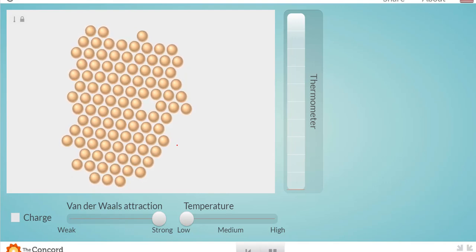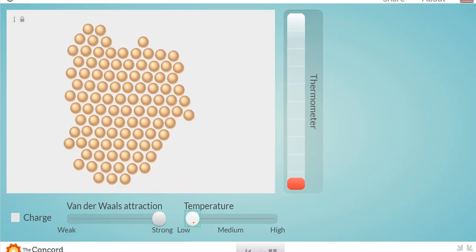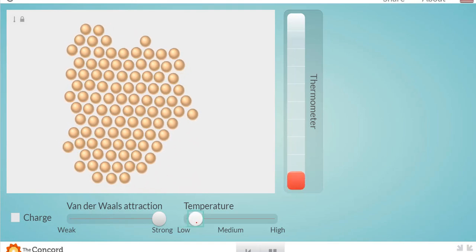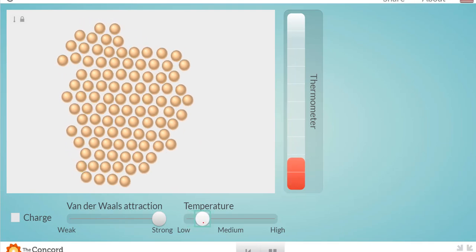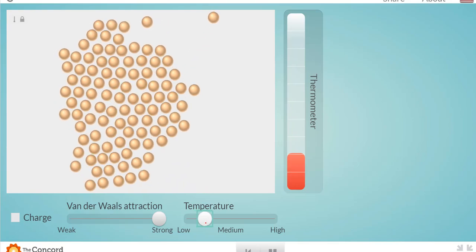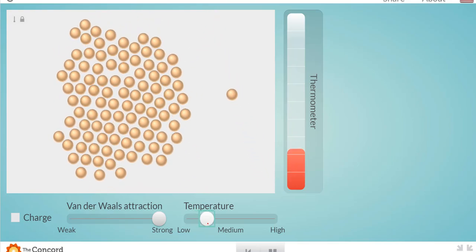So here's an example of a solid, such as solid ice. Again, there is some movement. It's vibrating. And I'm going to gradually increase the temperature. As I do that, it'll start to turn into a liquid.